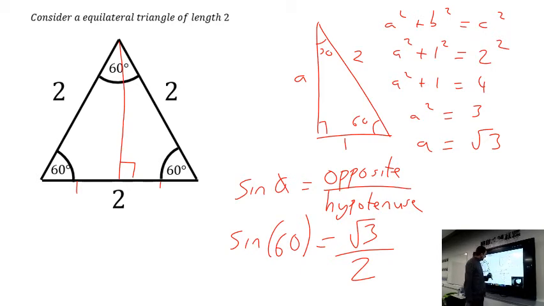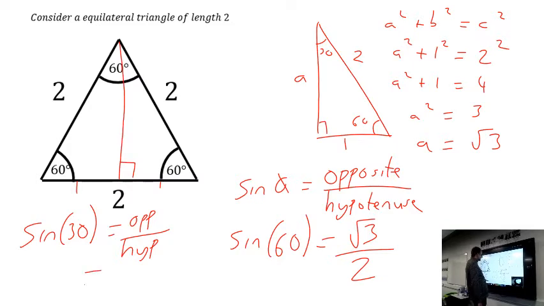Also, we can look at sine 30. Sine 30 is equal to opposite over hypotenuse. What's the opposite? Opposite is 1. And we have the hypotenuse.